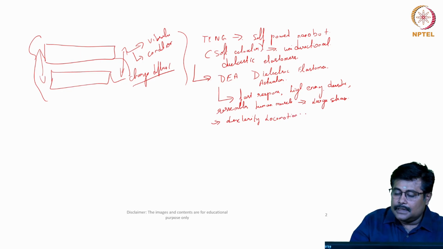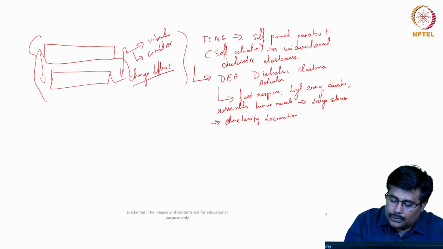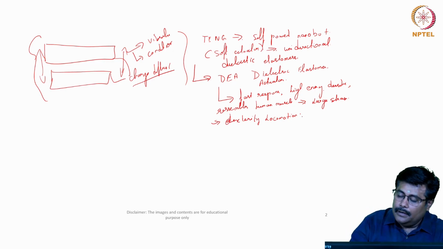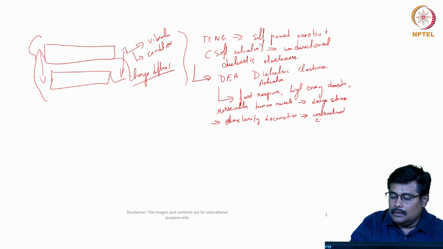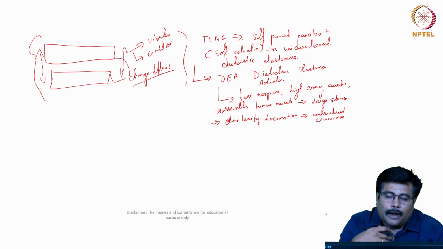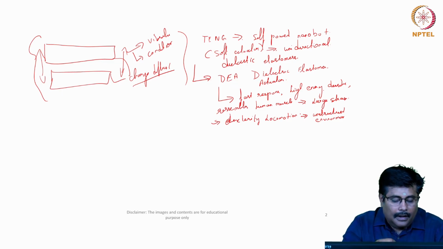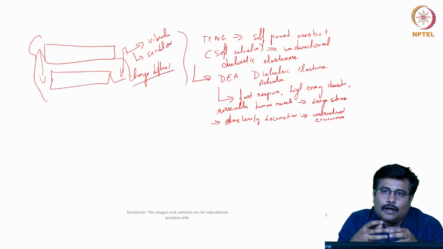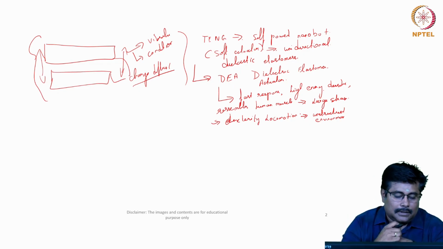Such dexterity locomotions are especially exhibited in an unstructured environment. Okay, so when we try to use a conventional type of DEA, it poses an obstacle for such small scale robotic systems.